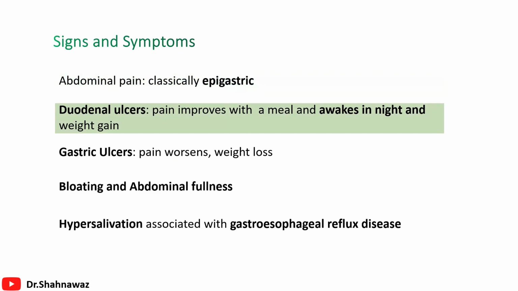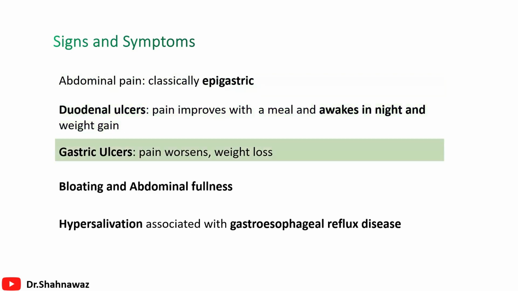As it improves with food, the patient will be eating a lot, which could result in weight gain. In gastric ulcers, the pain worsens after food because acid is released in the stomach, so the erosions and injuries may increase after food, and the patient will avoid eating, which could result in weight loss.